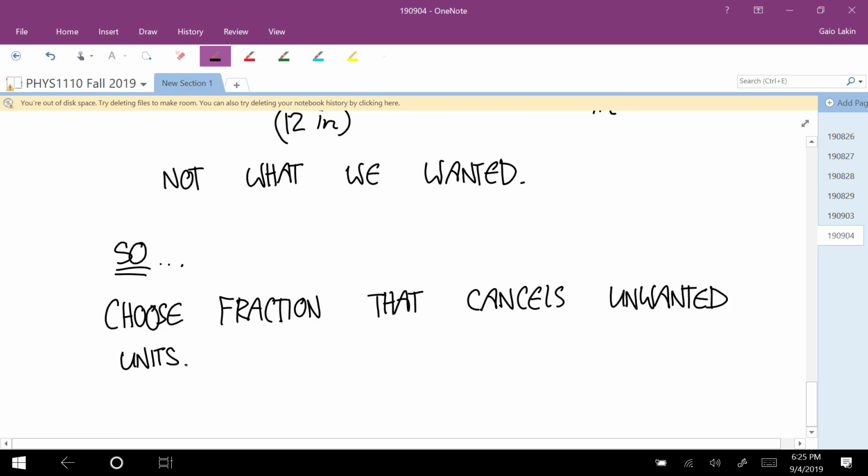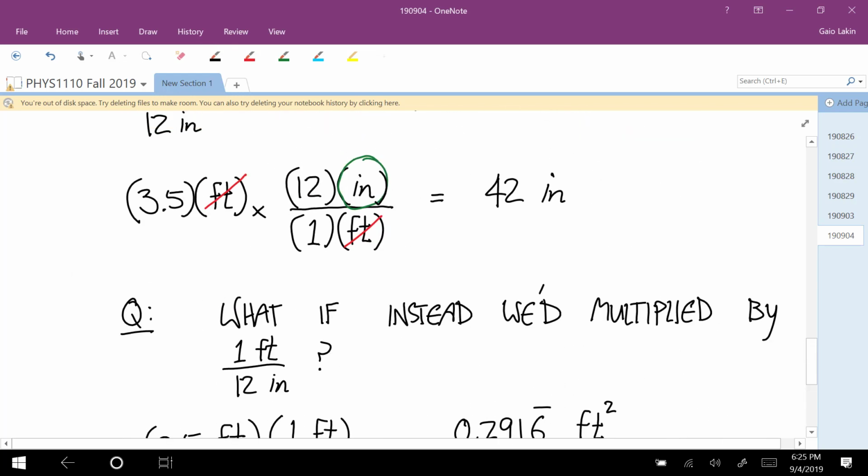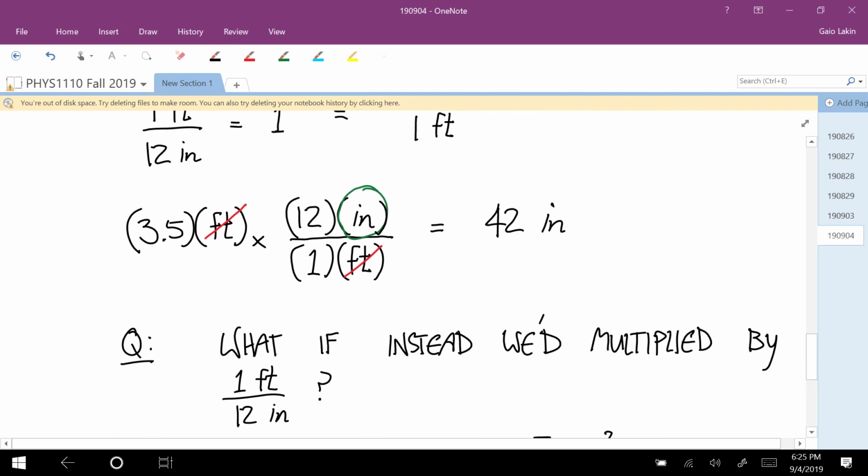So if you go back up to the example that worked out the way we wanted it to, we started out with 3.5 feet. I think for a lot of people, it's easier if you think of everything as a fraction to start with. So you can think of this as just divided by the number 1. And then you have a numerator and a denominator.